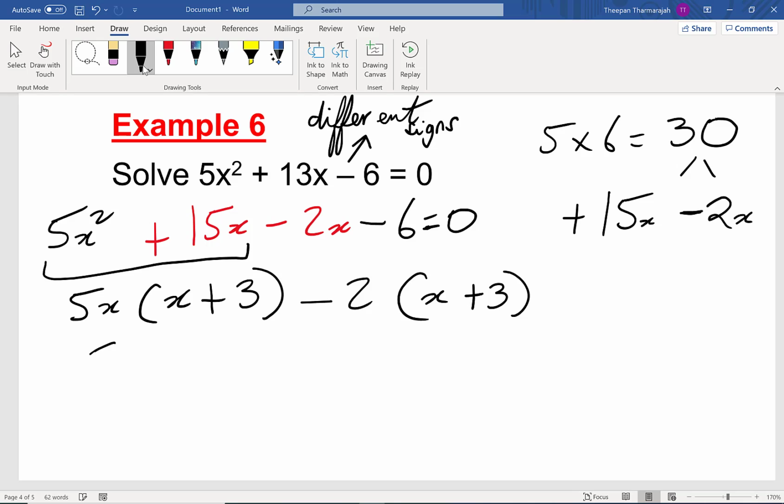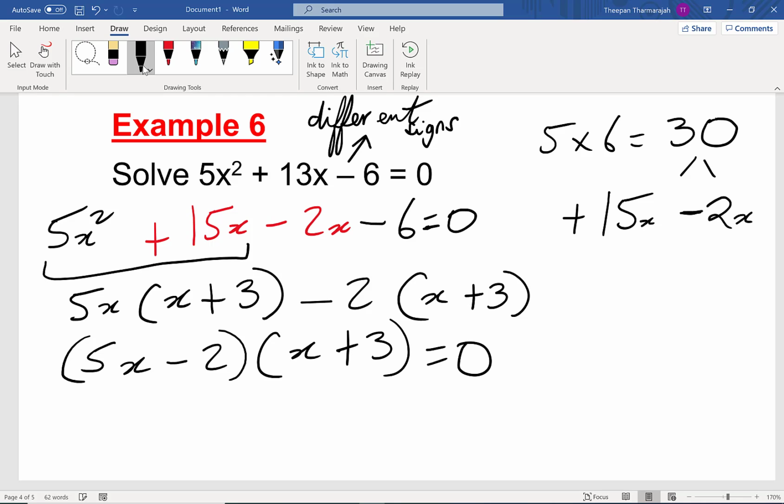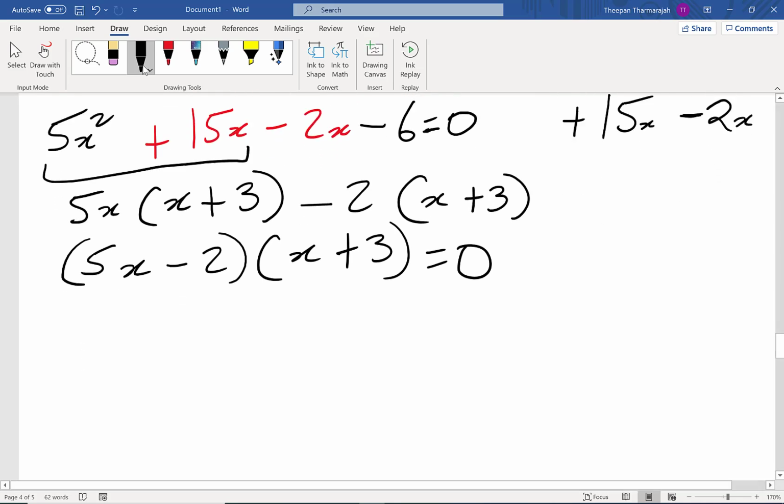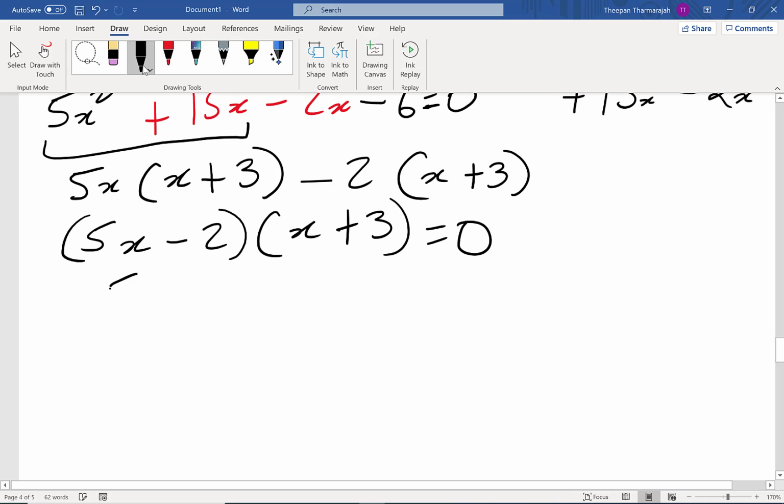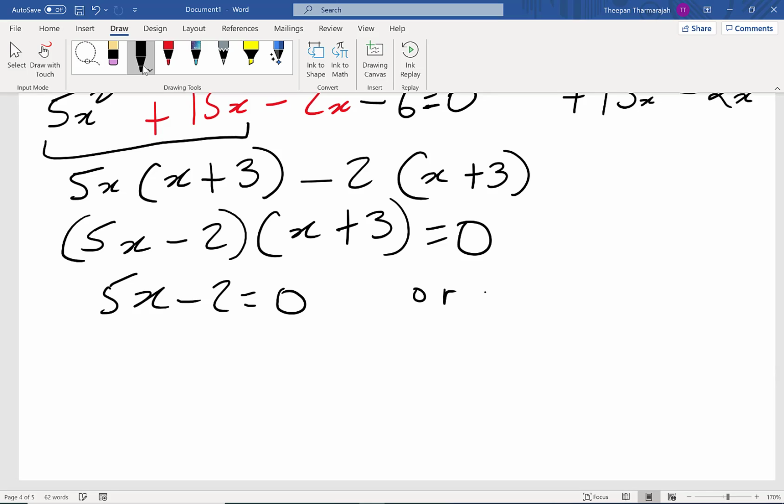So in the first bracket we get the numbers on the outside, which is 5x and minus 2. So we get 5x minus 2, and the other bracket will be x plus 3. Now that's equal to 0. So now we can say that we've got 5x minus 2 equals 0, or x plus 3 equals 0.